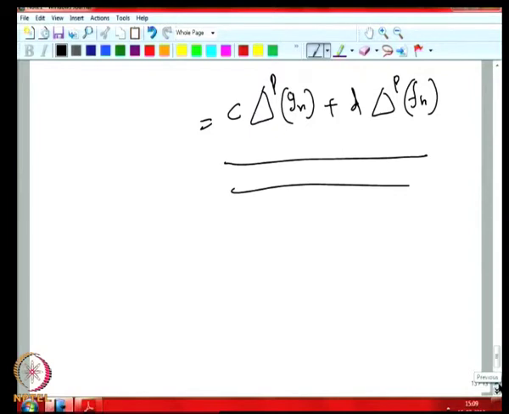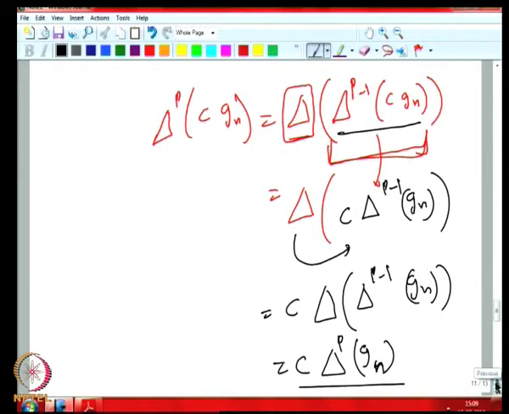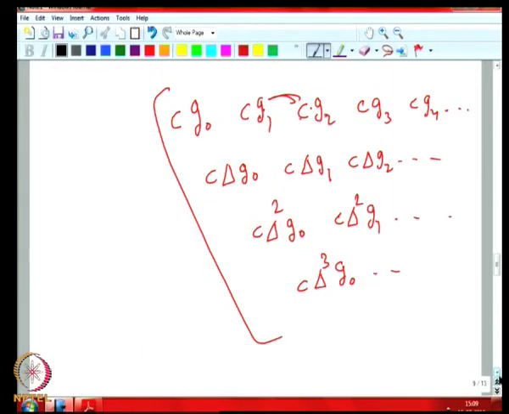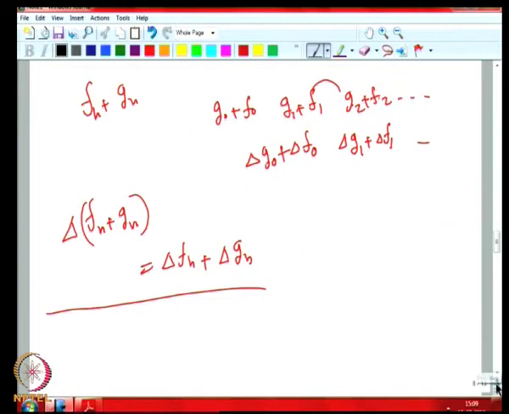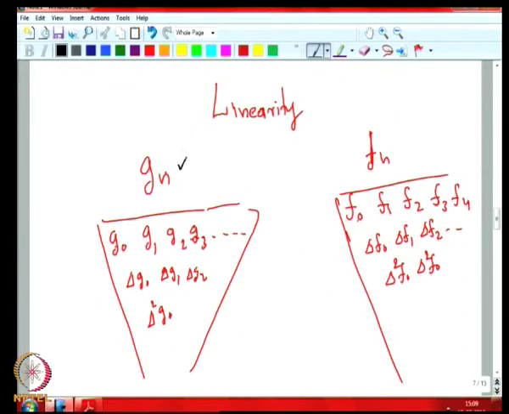Which essentially means that if you have these different tables, this table and this table, and you want to create the difference table for Gn plus Fn, we can simply add term by term, G0 plus F0 is added here. The first row is obvious because that is by definition, but the second row also we can add.